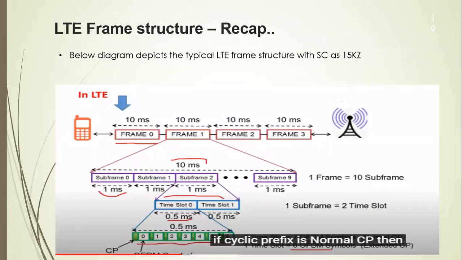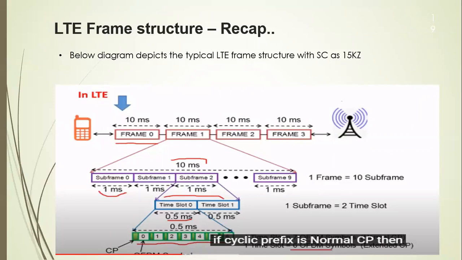So relook at the LTE frame structure once. In LTE, one frame consists of 10 milliseconds. And one frame is divided into 10 subframes, each of 1 millisecond duration. And each subframe is divided into 2 slots. Each slot is of 0.5 milliseconds.